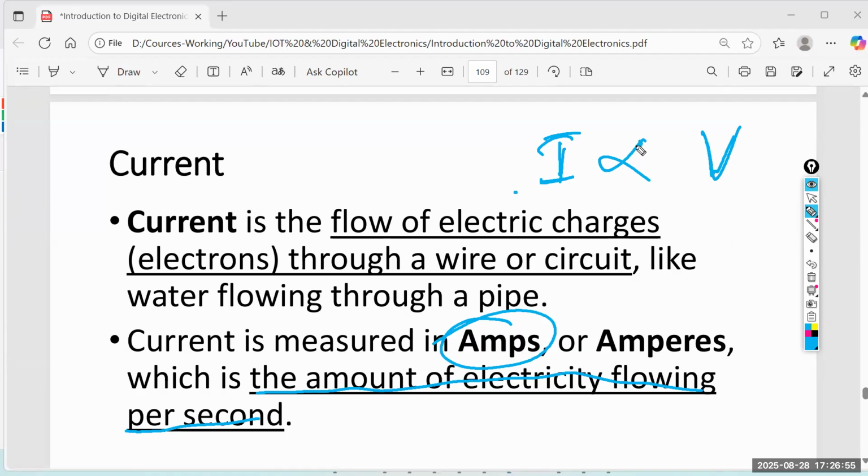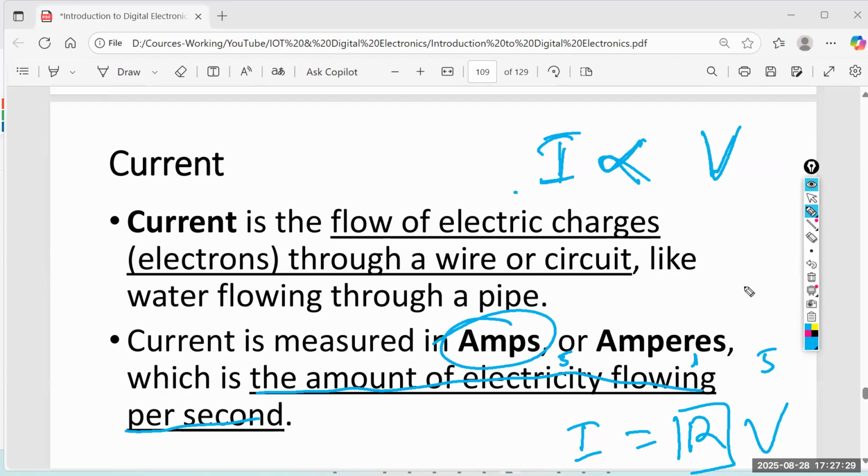Remember, when we have this kind of direct proportionality, we can get rid of it by introducing a constant. That constant is called R, because this depends on the material. For different materials, you have different resistance. So low resistance means, for example, when this is 5, if resistance is 1, I is also 5.